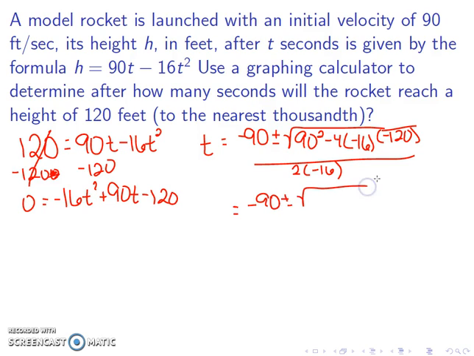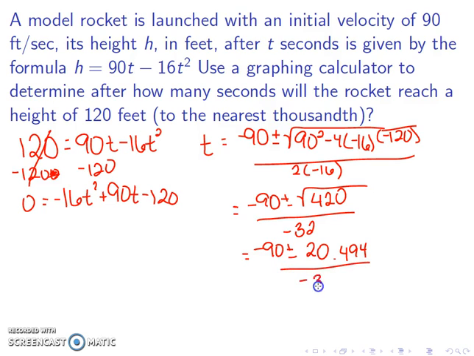So we have negative 90 plus or minus the square root of 420, divided by negative 32. We actually want to go ahead and evaluate this. So I have negative 90 plus or minus 20.494 over negative 32. So I have two possible answers.